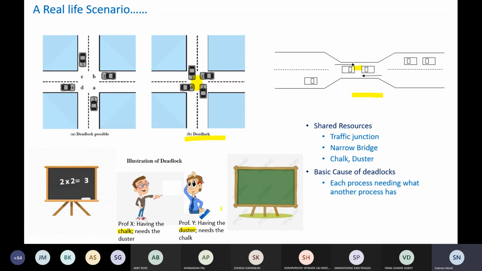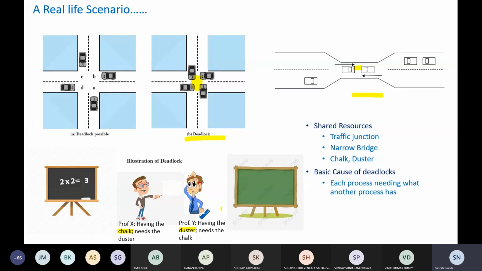The situation is a deadlock because none of them is willing to voluntarily release the resource until he receives the other one and completes the class. So they are quite desperate in holding on to the resource and not releasing it. They are also not willing to share it at all.